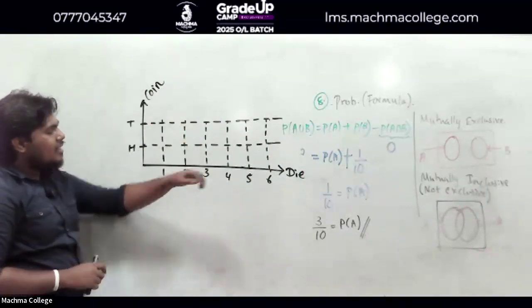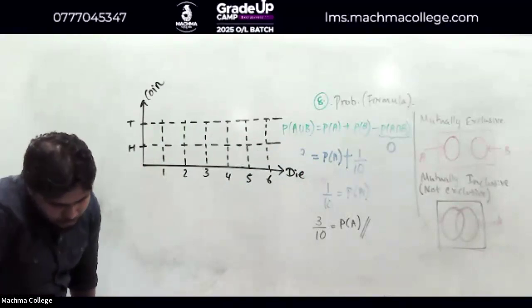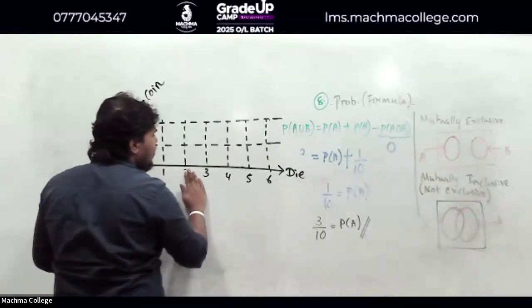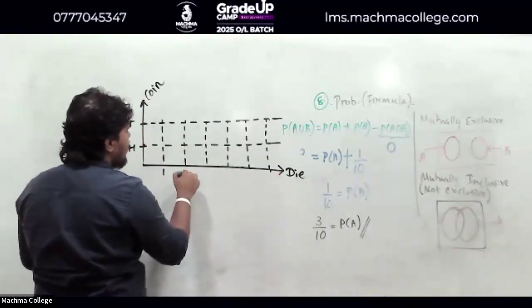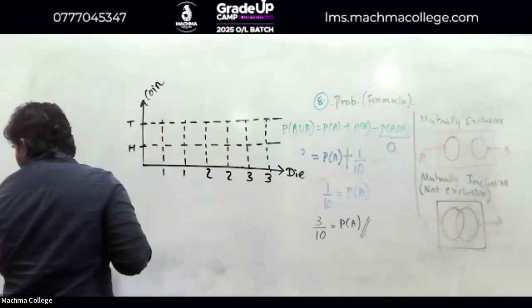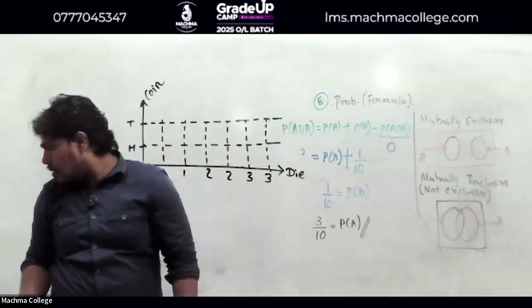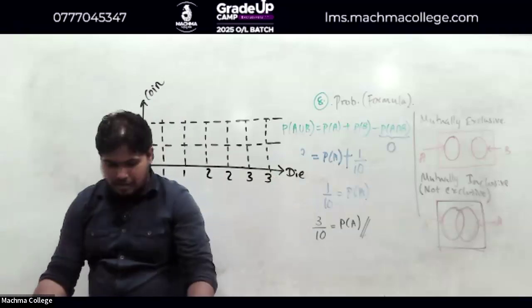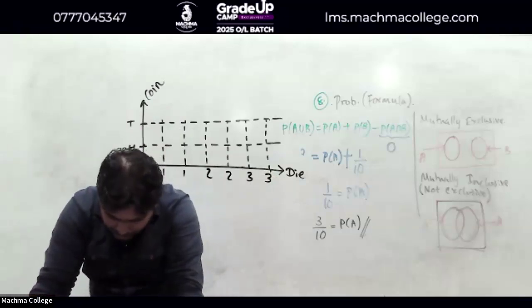Right. So now what did they want us to do? 1, 1, 2, 2, 3, 3. Now what do they ask? Find the probability of the event.